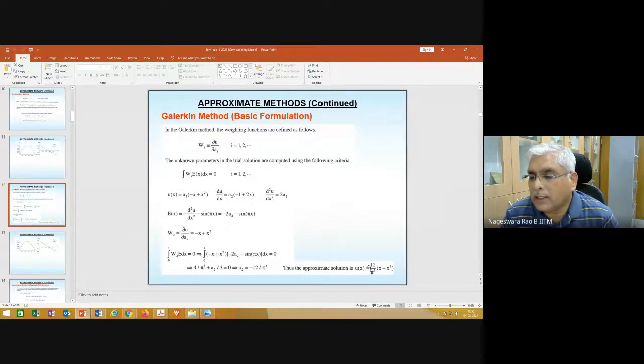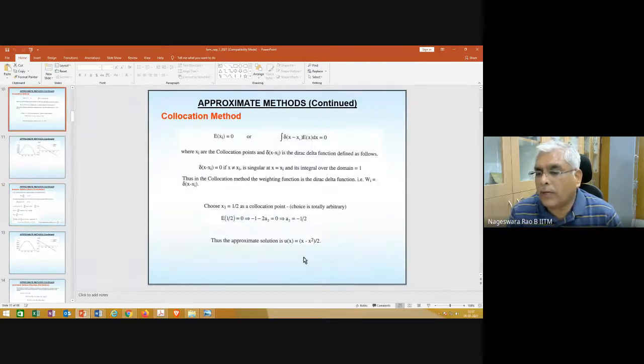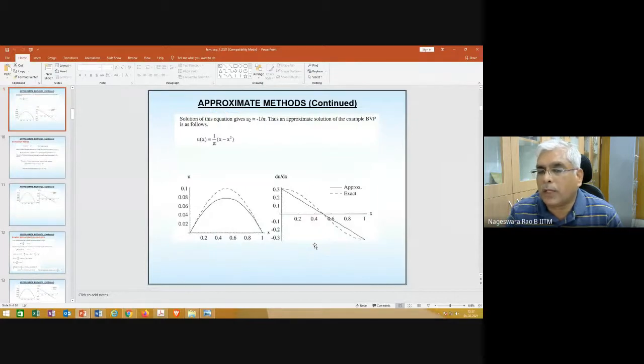So whatever approximate solution that you get has to satisfy the essential boundary condition. What is the essential boundary condition? U evaluated at x equal to 0 is 0. You can see it is satisfied by whatever you got from Galerkin method. It is also satisfied by whatever you got from the collocation method. It is also satisfied by whatever you got from the least square method.